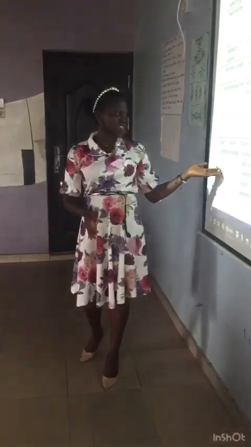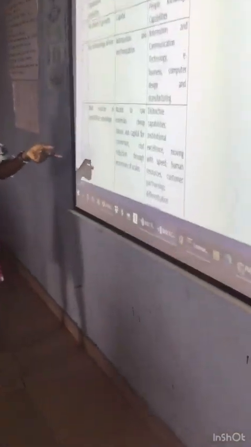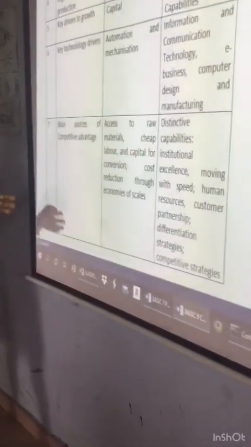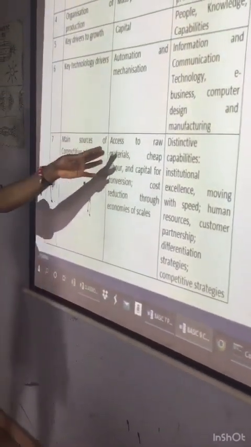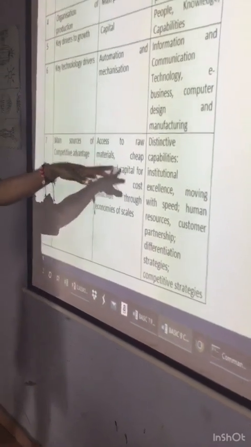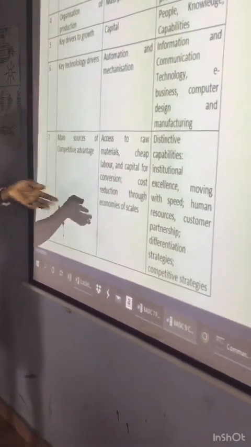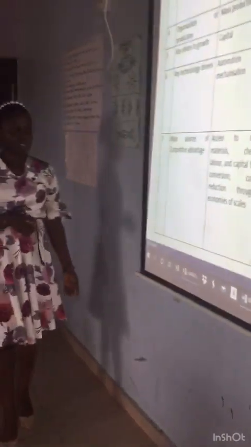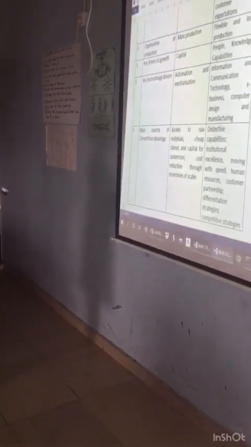The last one here is the main sources of competitive advantage. During the old economy, we had access to raw materials, cheap labor, and capital for conversion, cost reduction through economy of scale.